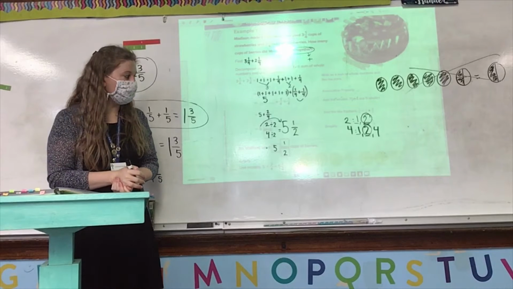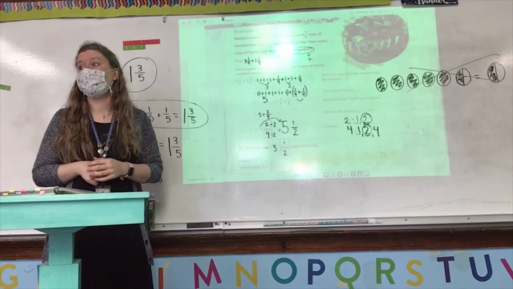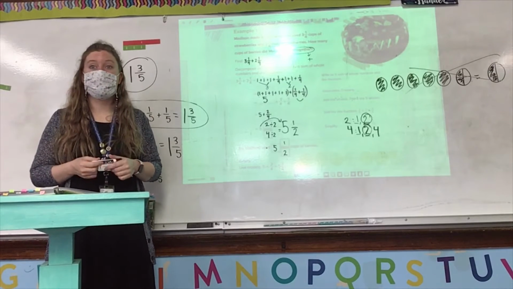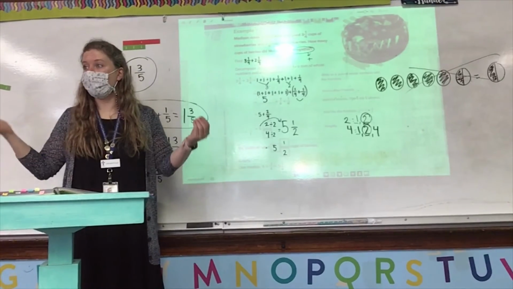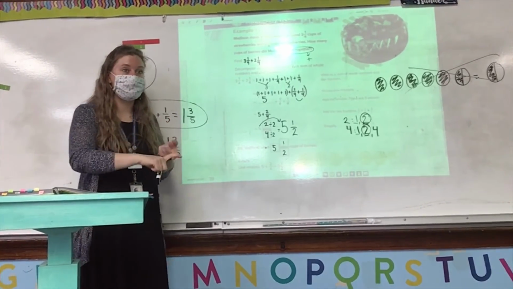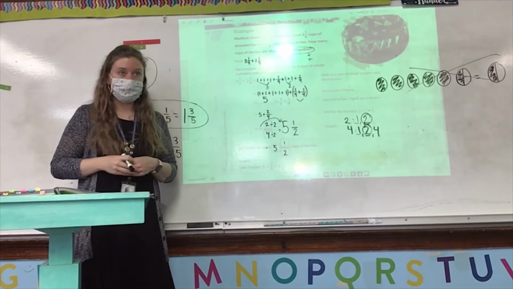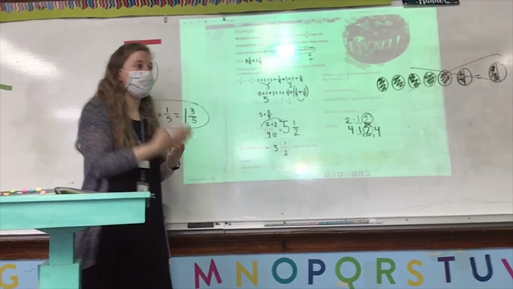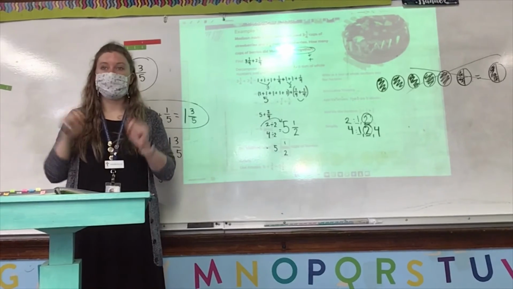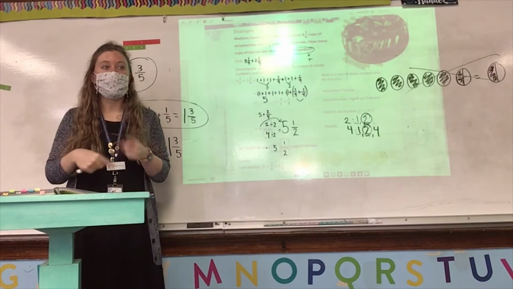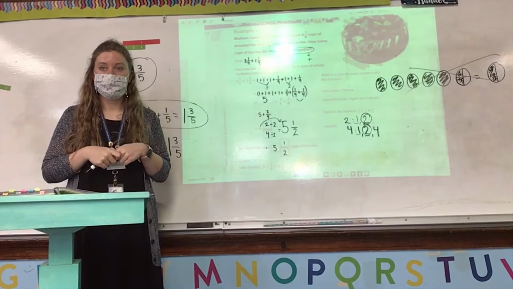Because you are going to end up getting more points for showing work in this lesson than you will for the right answer. Because in order to know the right answer, you have to know how to get there. The most important part of math is not just knowing the right answer. It's knowing how to get to the right answer so that you can do it again. Or when you get to the next grade, you can add on to it. The how is so much more important than just the right answer because you have to repeat it. And if you don't know how, you're not going to be able to repeat the results.